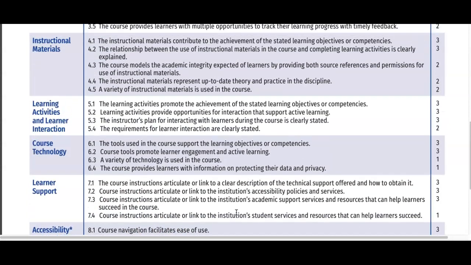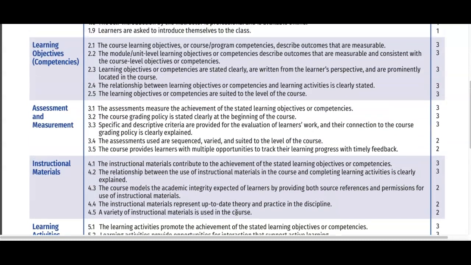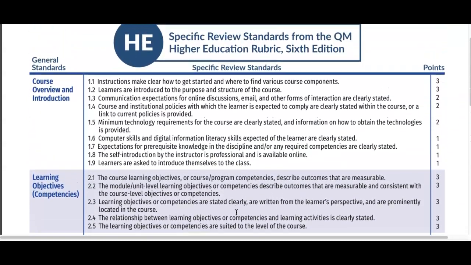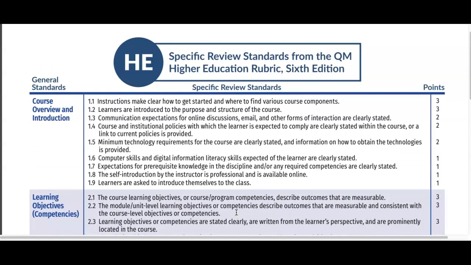So you can see that every part of the Quality Matters course design rubric helps course designers to make sure that we're actually helping students achieve what we say we want them to achieve. And that can be really complex, especially when you have to go backwards and try to build in all of these alignment aspects into a course that's already been designed.